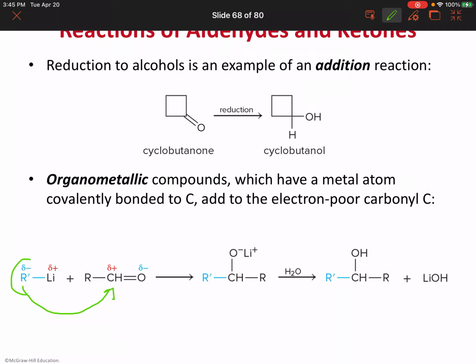Then this alkyl group attaches to carbon, the carbon-oxygen pi bond breaks, and lithium goes to oxygen. When you add water, the lithium falls off and the oxygen takes up hydrogen and becomes an alcohol. That's how ketones and aldehydes react with organometallic compounds in addition reactions.